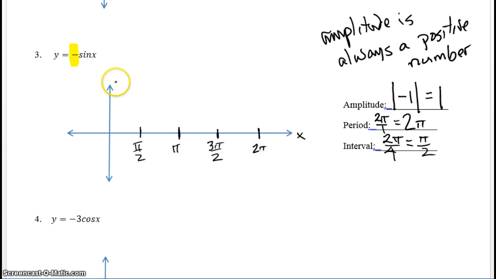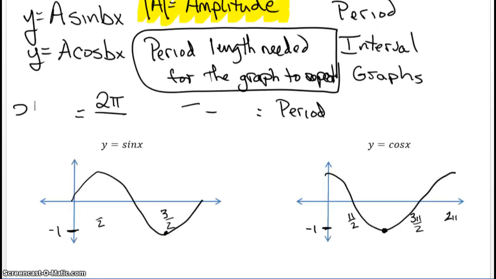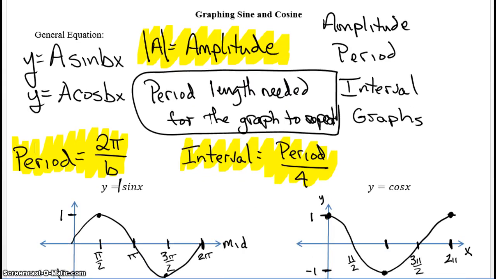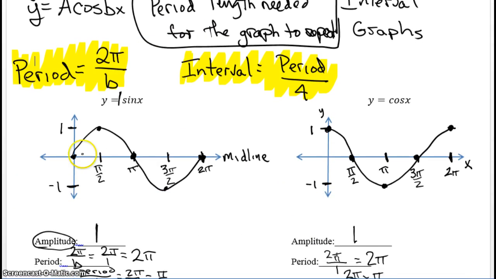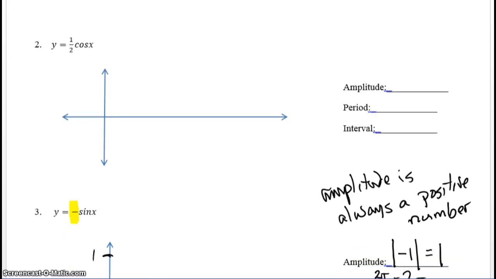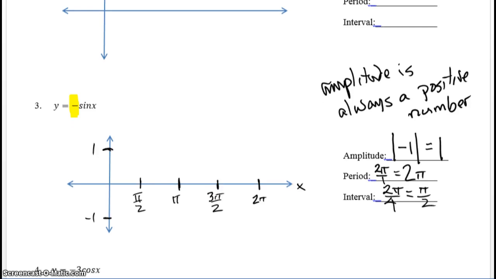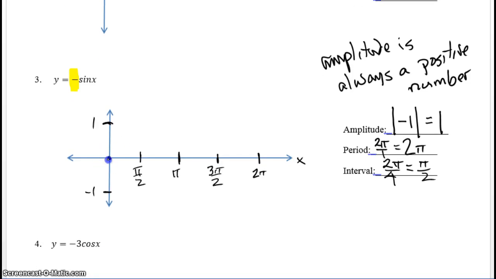My amplitude is 1. So I go up 1 unit and down 1 unit on the y-axis. The graph of the sine, again I'm reminded with my parent function, always starts at the origin. So in this graph, because it's sine, it starts at the origin.